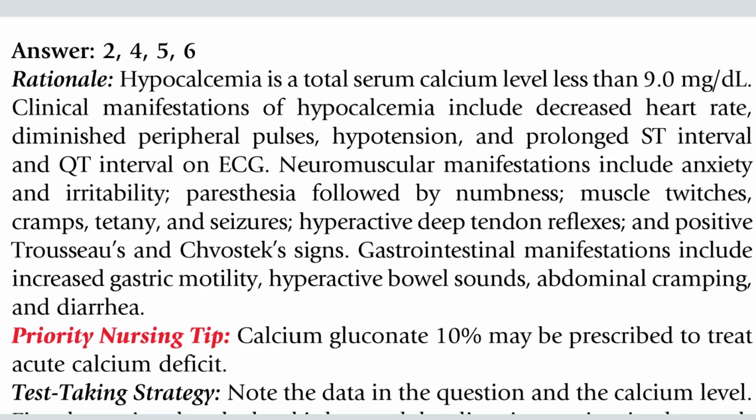Neuromuscular manifestations include anxiety and irritability, paresthesia followed by numbness, muscle twitches, cramps, tetany, and seizures, hyperactive deep tendon reflexes, and positive Trousseau's and Chvostek's signs. Gastrointestinal manifestations include increased gastric motility, hyperactive bowel sounds, abdominal cramping, and diarrhea.